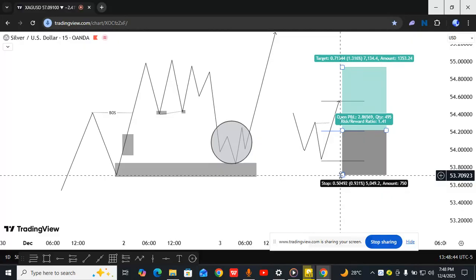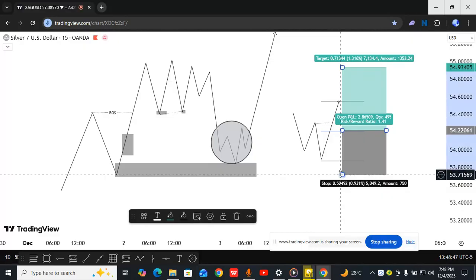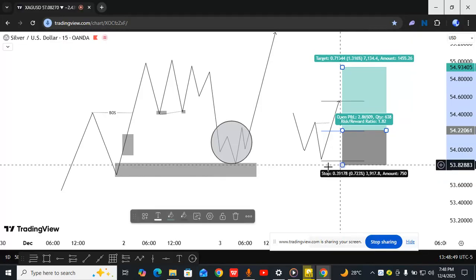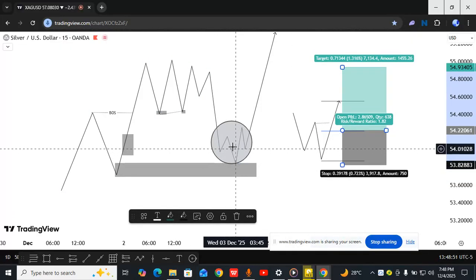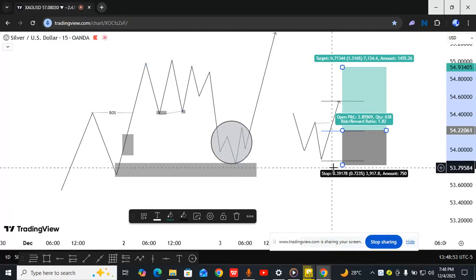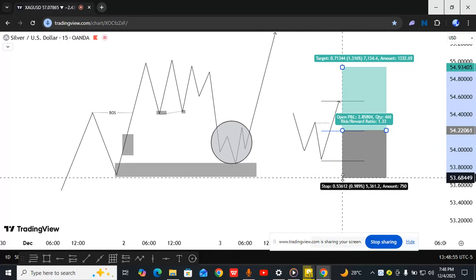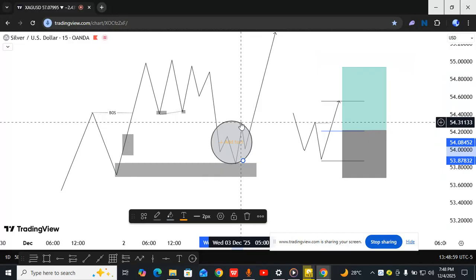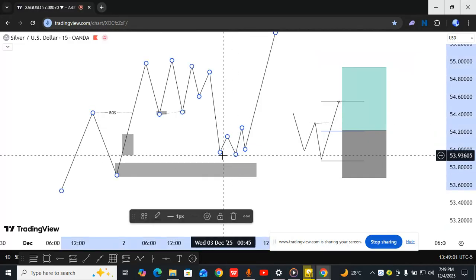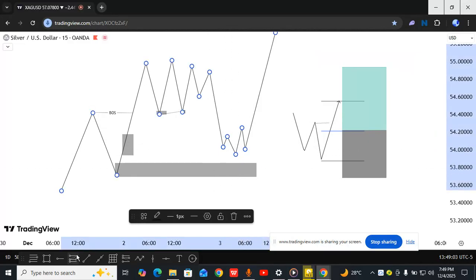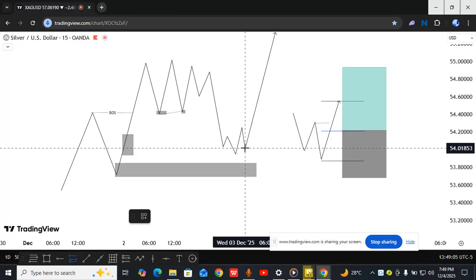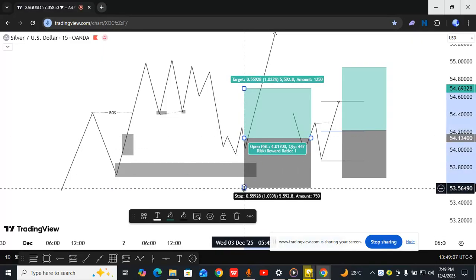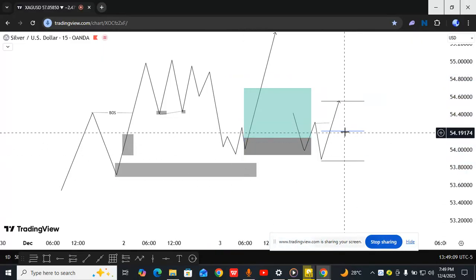Depending on the market condition or how much I want to risk, I will decide to either place the stop loss just below this low, which is going to be the low of that 5-minute change of character here, or I decide to extend it down to this area. So I might either have something like this. So let's say this is where I got the setup. Now we either end up having something like this, right? Have something like this.